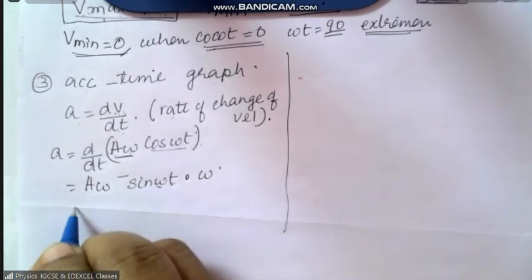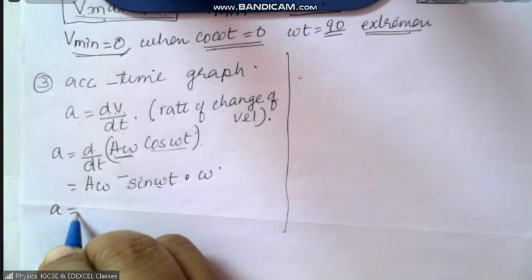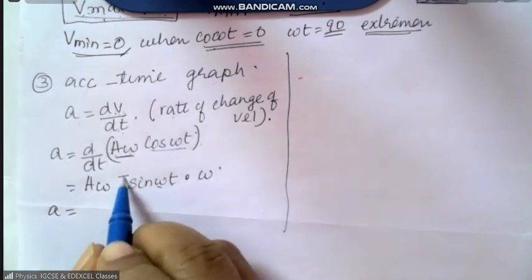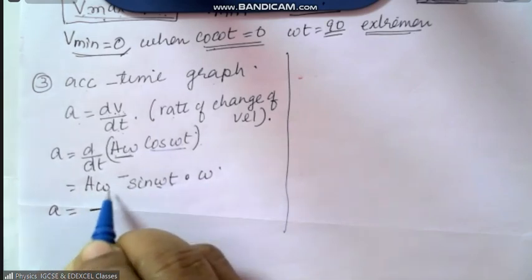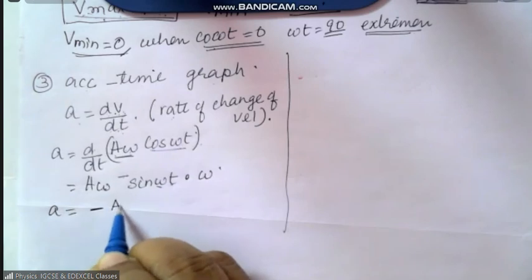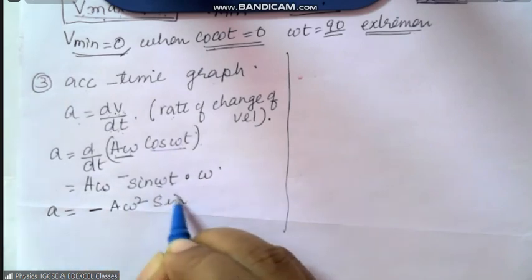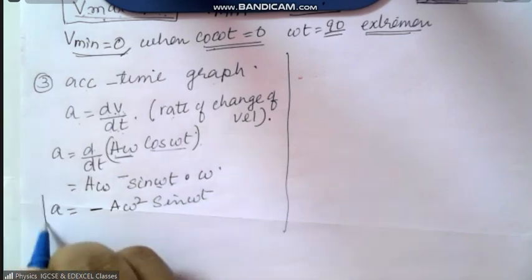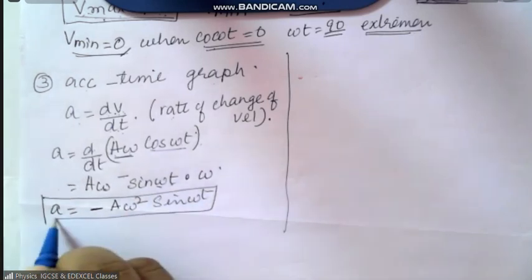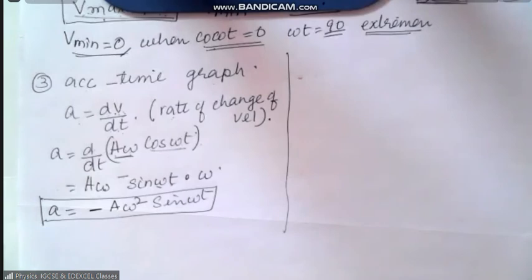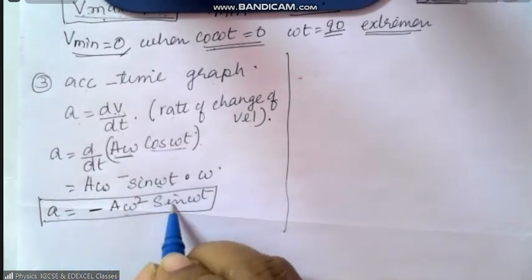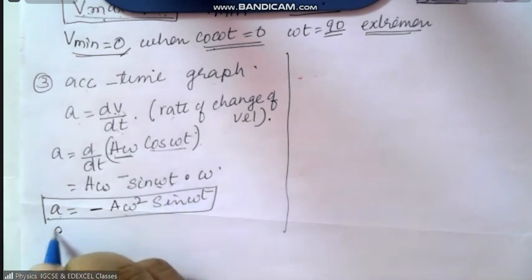All right. So what do you finally get? Acceleration is equal to minus A omega square sine omega t. So this is the equation for acceleration. Okay, and let's write acceleration maximum.